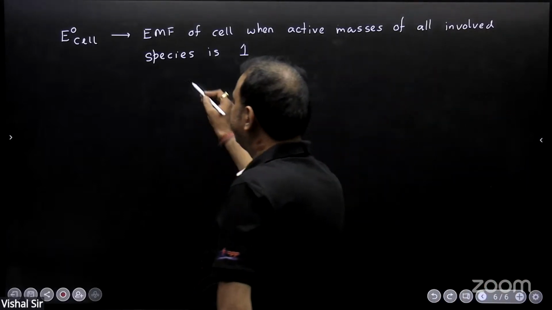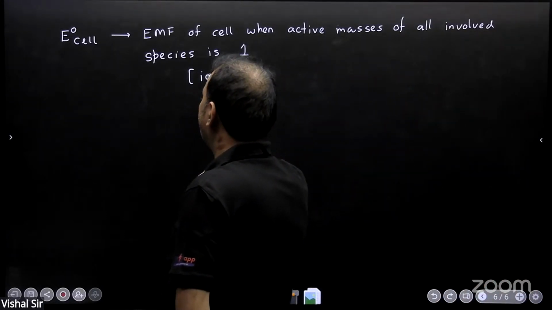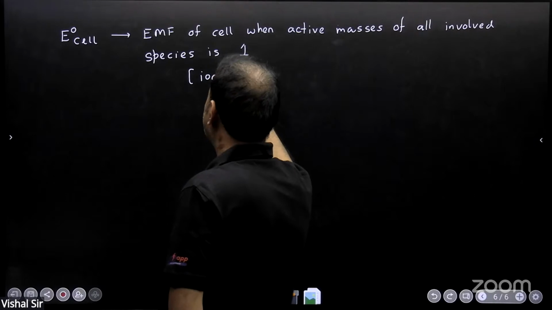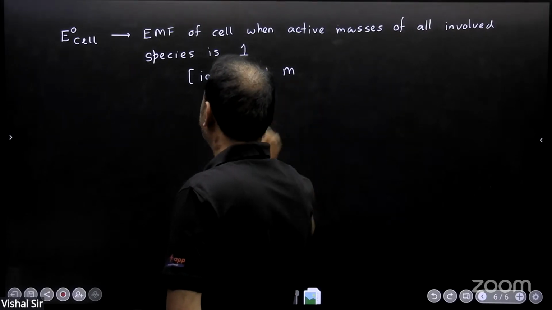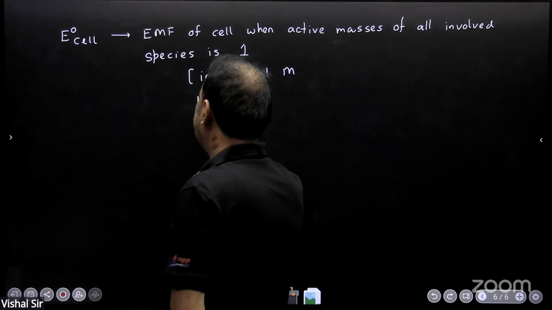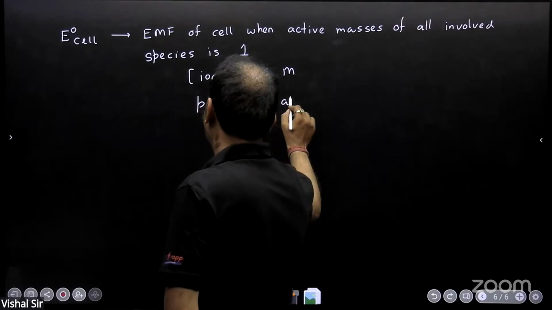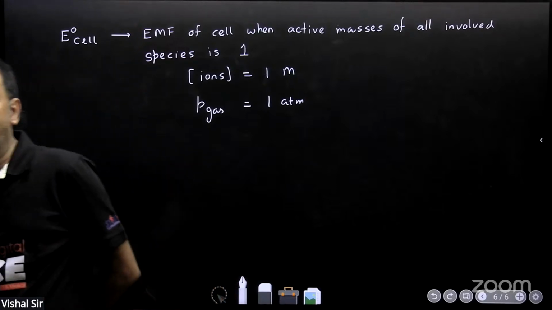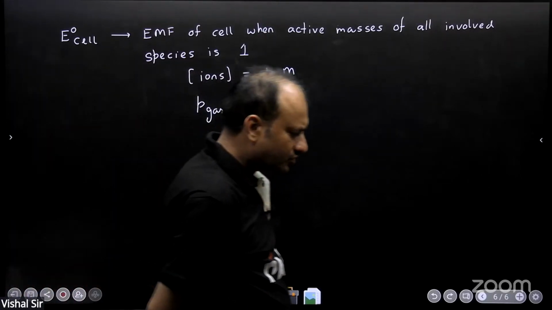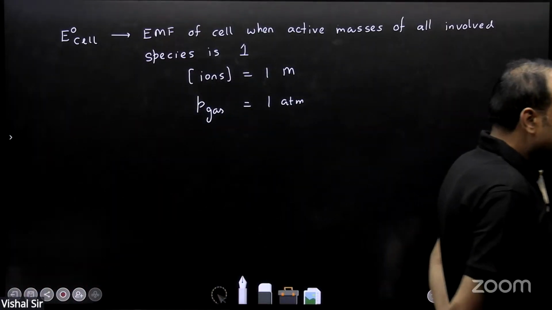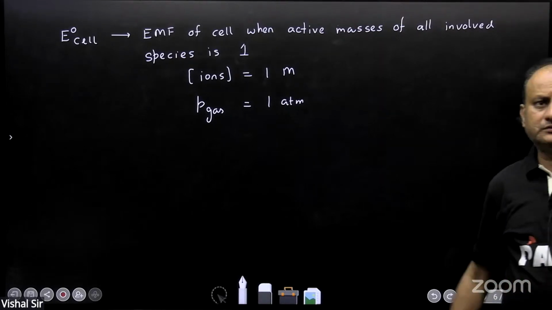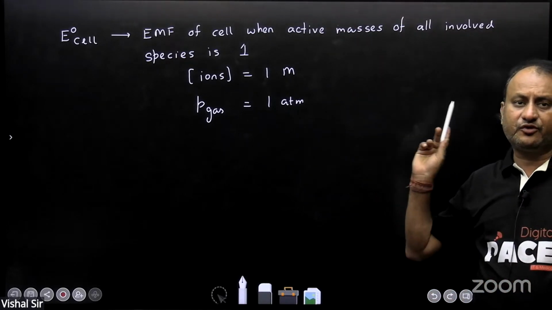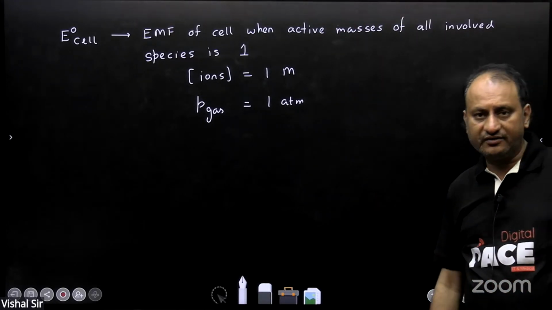Means if there are any ions involved in the redox reaction, their molarity should be 1 molar. If there is any gas involved in the reaction, partial pressure of that gas should be 1 atm. Yeah, 1 bar also. Both go. So E naught is EMF only when all active masses are 1.